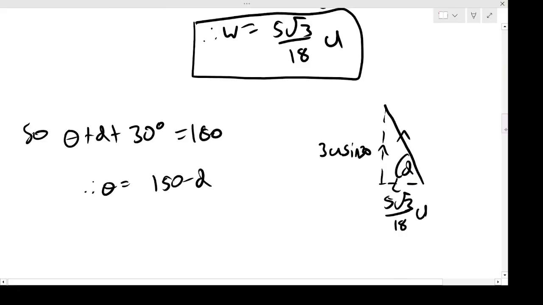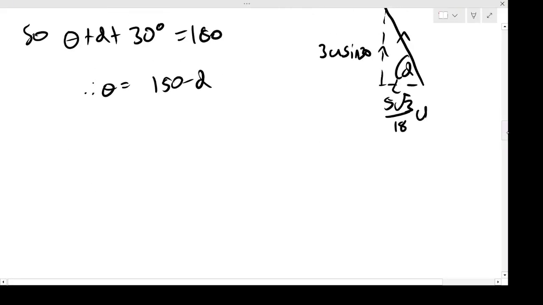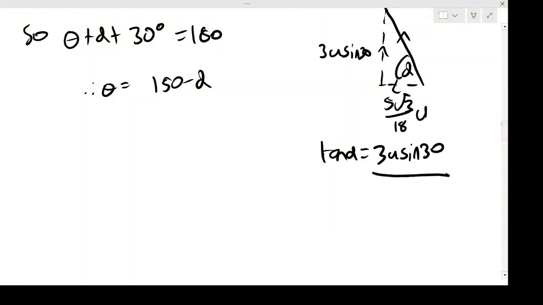So how can I work out alpha? Well, I can work out tan alpha, and then do inverse tan. Now tan, remember, is opposite over adjacent. So the opposite is 3u sine 30 over the adjacent of 5 root 3 over 18 u. Now I'm going to simplify this. The u's cancel. That is great because now we've got a number, so we can find the angle.